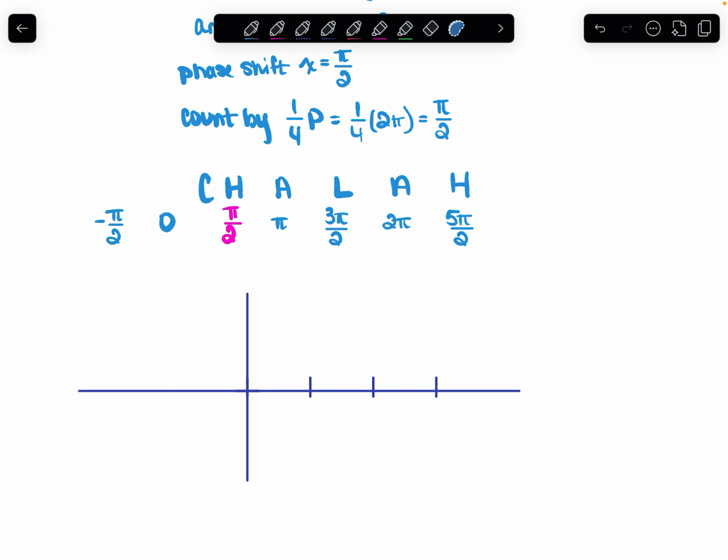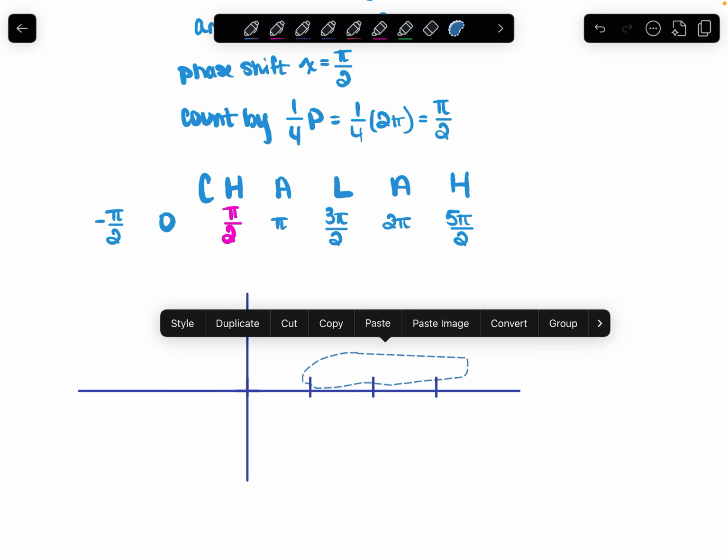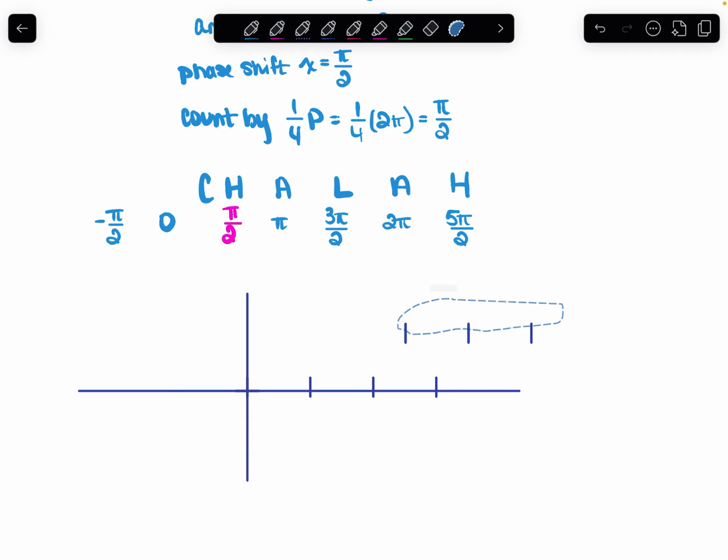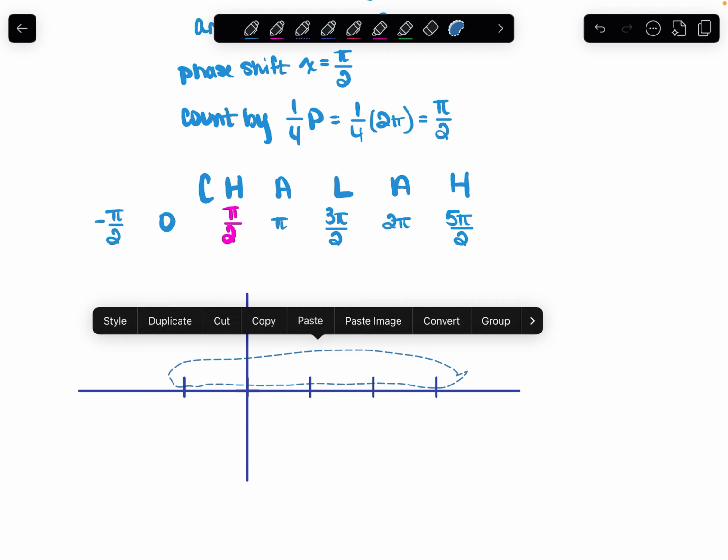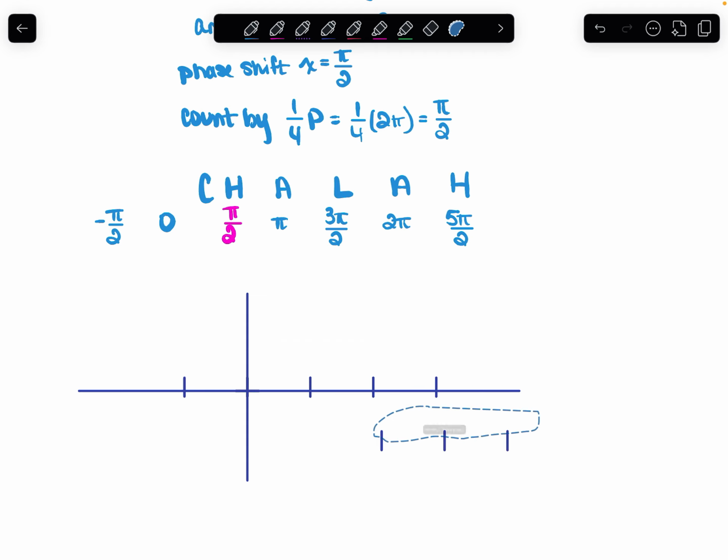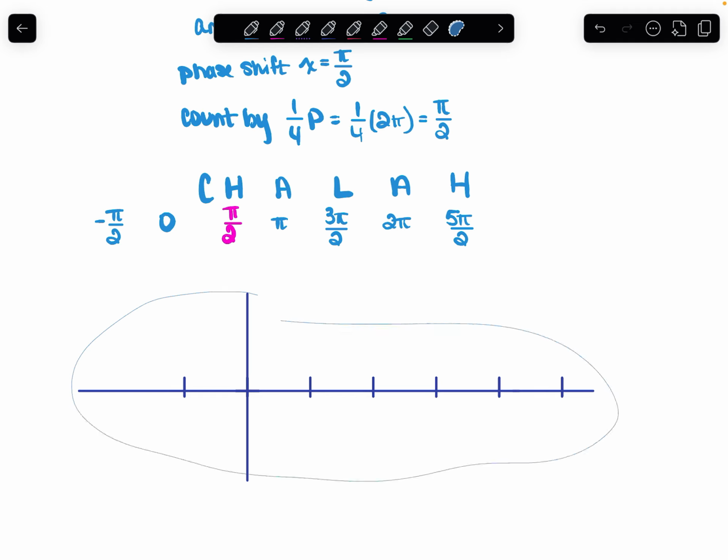Get rid of that axis. All right, that may not have saved me any time, but whatever. Copy, paste. Make sure I get one negative. We do hit 0, so I'll line it up with 0.